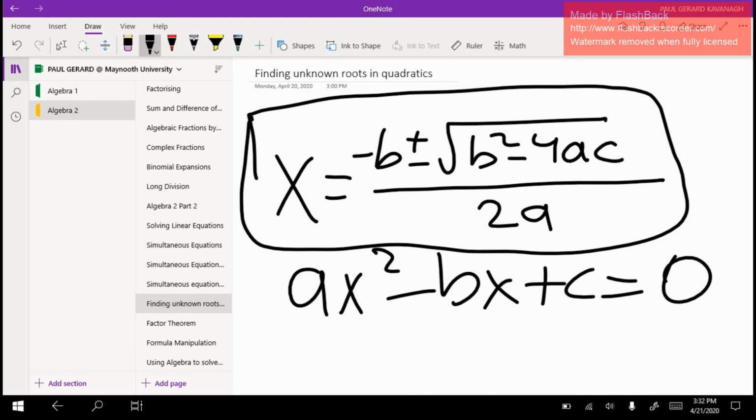So let's just give an example. Let's try 3x squared minus 2x minus 23. As you know, 23 is a prime number. A prime number is where a number cannot be multiplied by any other number.